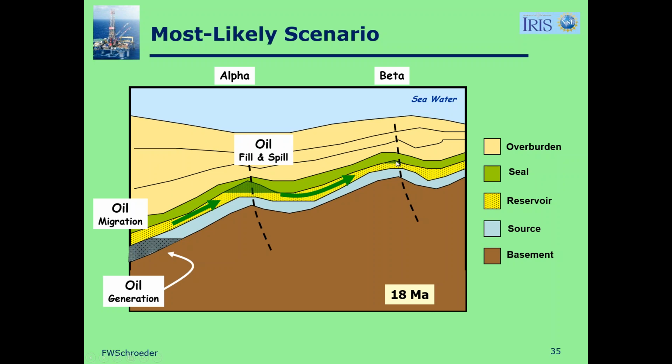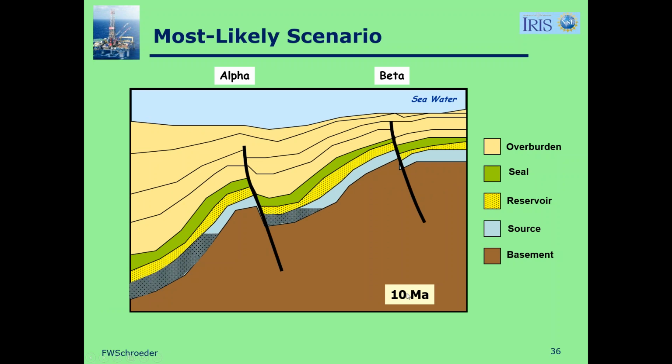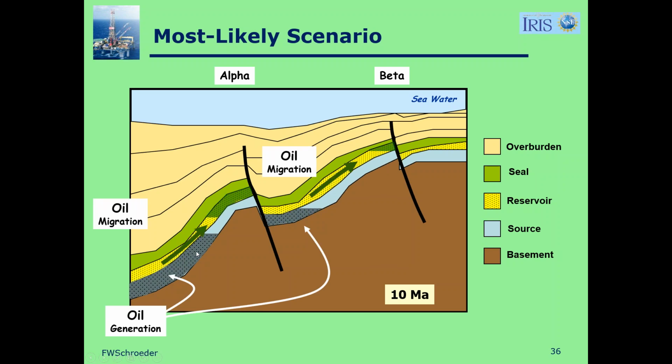Now let's go forward in geological time. This is our reconstruction 10 million years ago. We now have generation in the low to the west of beta. We have generation in the low continuing to the west of alpha. We have oil generation in both cases, and we have oil migrating and starting to fill alpha.